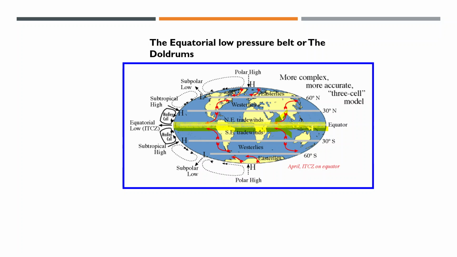And why do we call this the ITCZ? Because it is over here that the two important and strong winds, the northeast and the southeast, are converging.